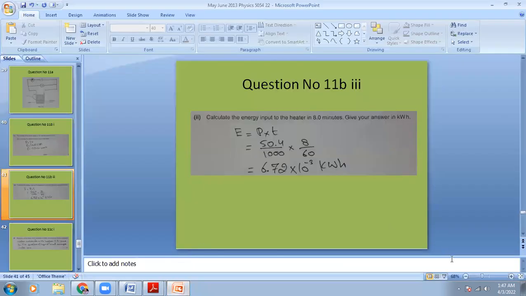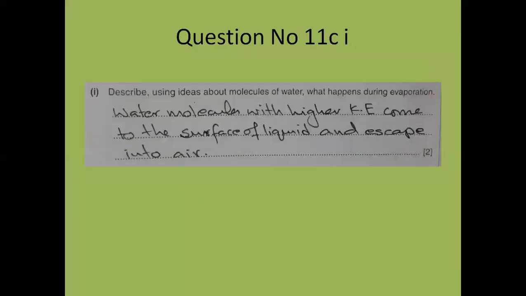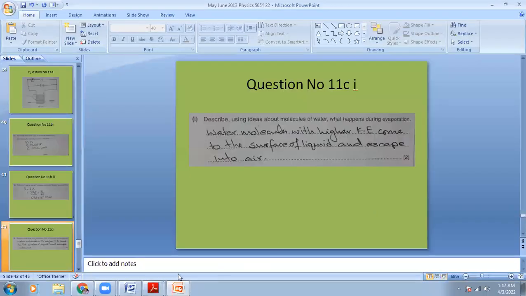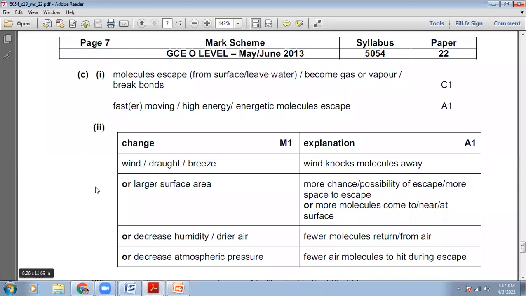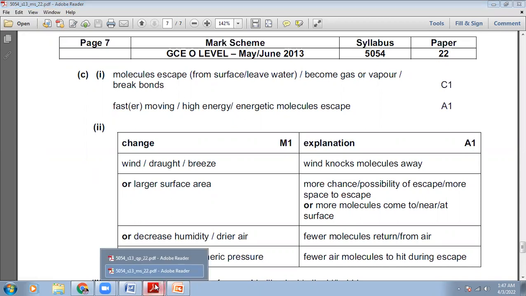So let me show you my written answer. Water molecules with higher kinetic energy come to the surface of liquid and escape into the air. So let's have a look at the marking scheme. Molecules escape from the surface, leave water, become gas or vapor, break bonds. Faster moving, high energy, energetic molecules escape. Yeah, our answer is right.